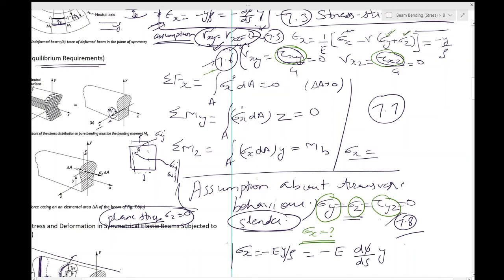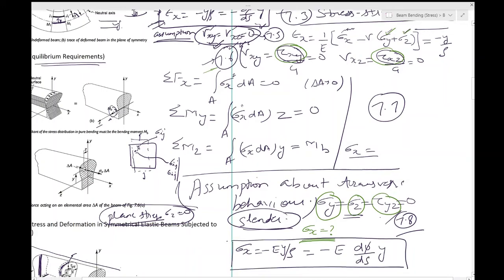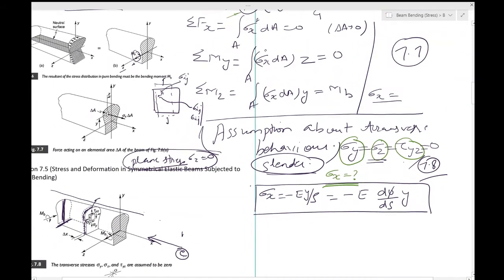So this is what the normal stress is, and hence we have found all the remaining stress components.